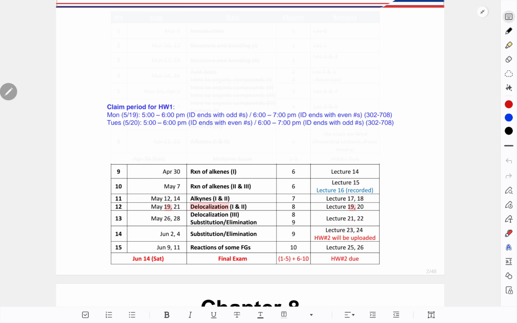You can visit 708, 5 to 6 p.m. today and 6 to 7 p.m. tomorrow. And students with ID number ending with an even number can come to visit 708, the same location, 6 to 7 p.m. for today, 5 to 6 p.m. for Tuesday, tomorrow. Okay?